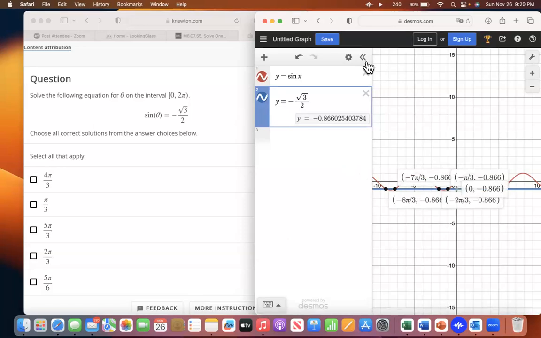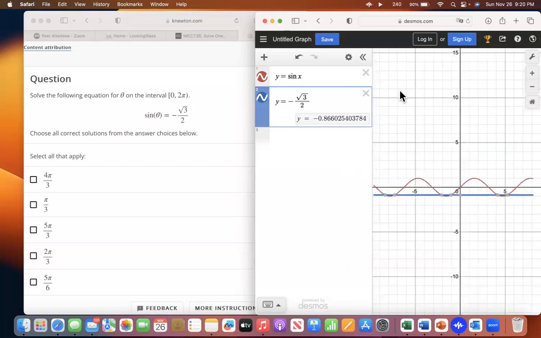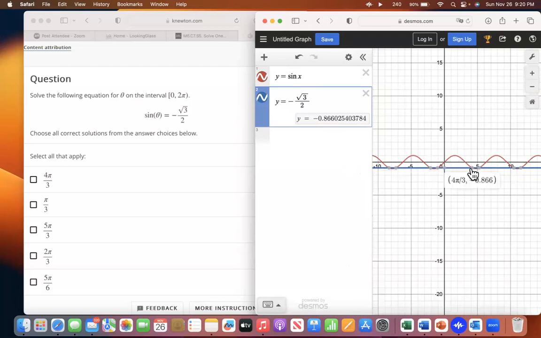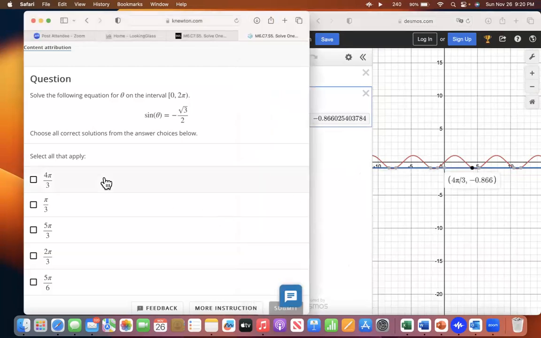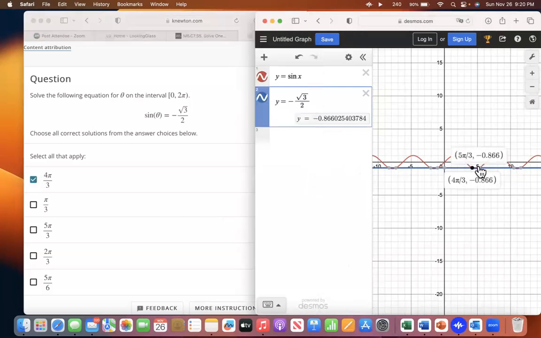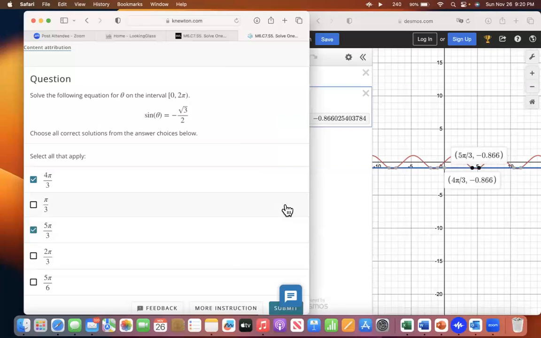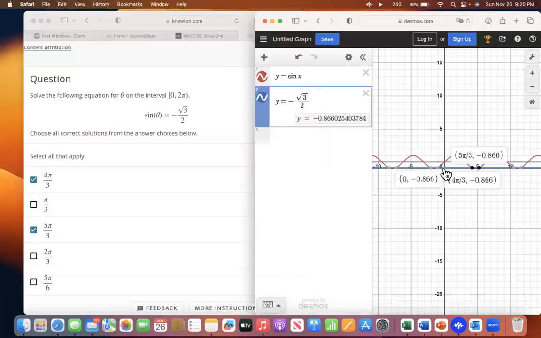Let me, not what I wanted. 4 pi over 3, 5 pi over 3, 0, no negatives, 10 pi, 11 pi. Would it just be those two then? It looks like it, yeah.